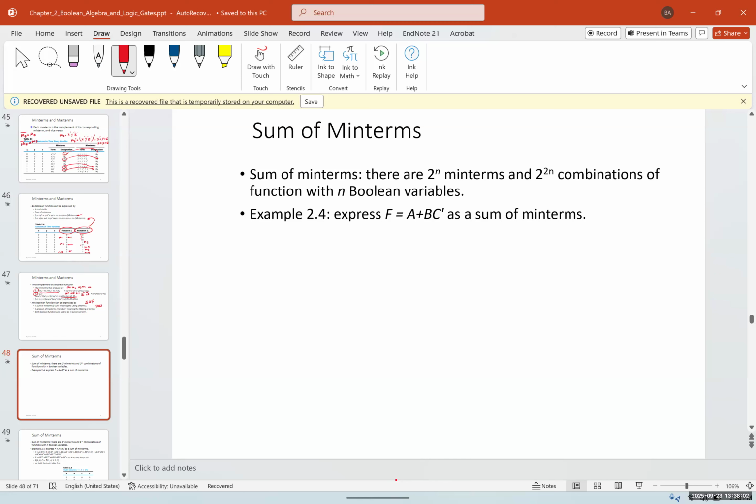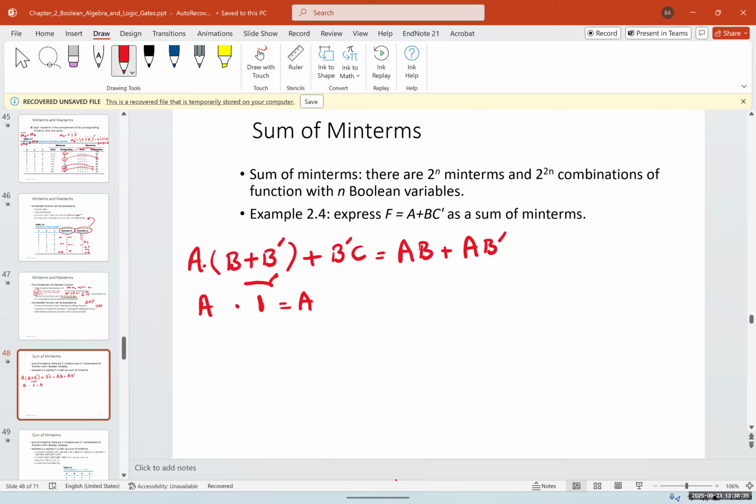We have to expand it. So the first thing that we have to do, we have to write it like this: a multiplied by b plus b prime. And we know that b plus b prime is equal to 1. Therefore, a times 1 is equal to a, and it won't make any difference. So we just multiply that by b plus b prime, plus b c prime. This would be equal to ab plus a b prime plus bc prime, not b prime c.